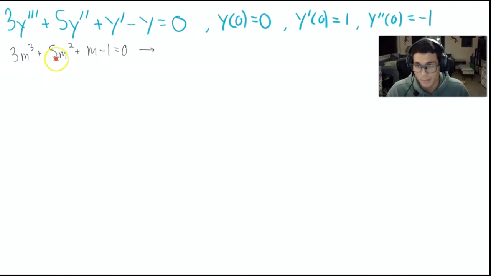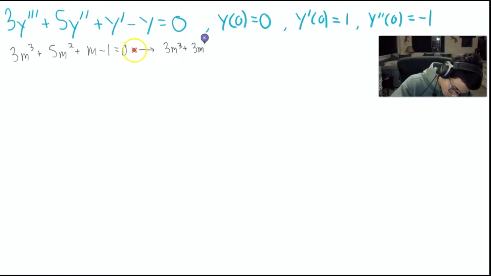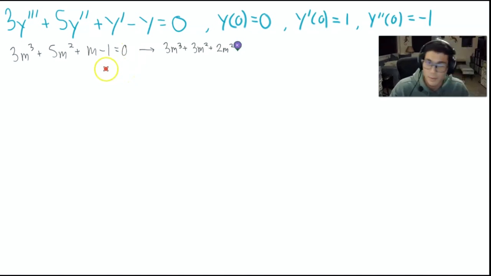Now, what I'm going to do is split this 5 into a 3m^2 plus a 2m^2. So 3m^3 + 3m^2 + 2m^2 + m - 1. Okay, I'm going to stop saying equal to 0 because I actually will use the space.